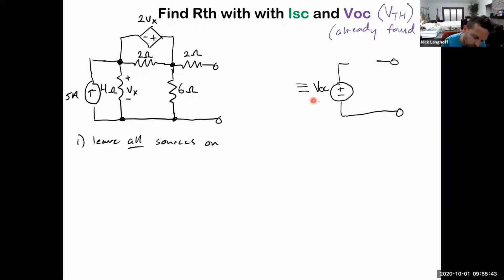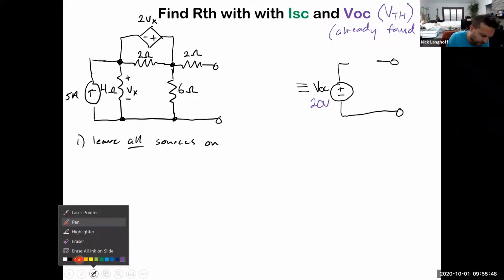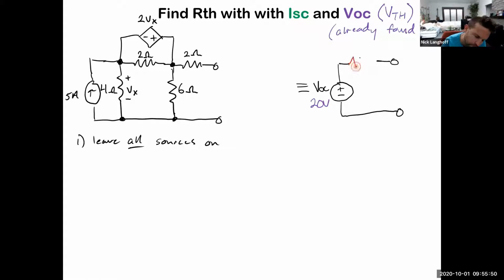That's 20 volts, right? We've already found R Thevenin in the other cases. Now, we're actually going to find R Thevenin in this example, but we already know it's 6 ohms, and we'll verify that it's 6 ohms here. And what we're going to do is short the port here, and that current is going to be ISC.